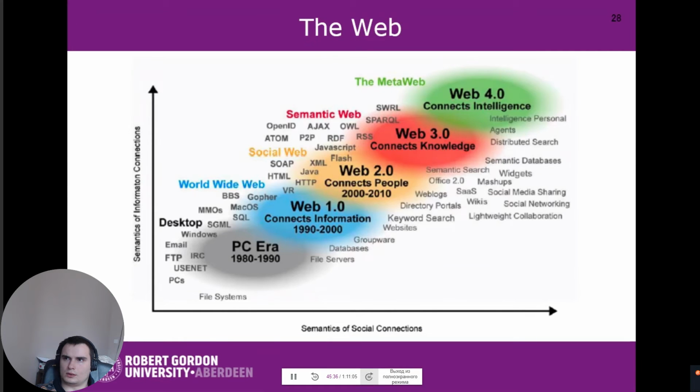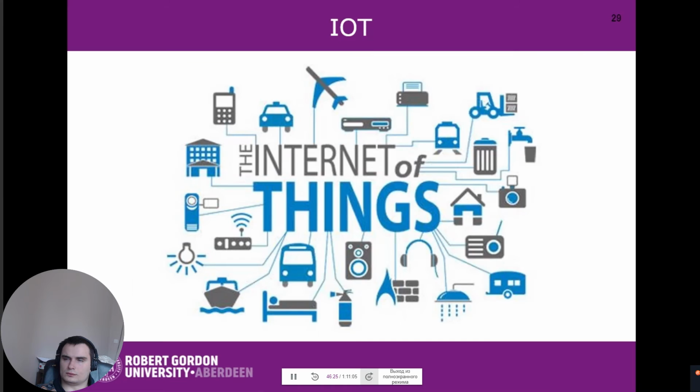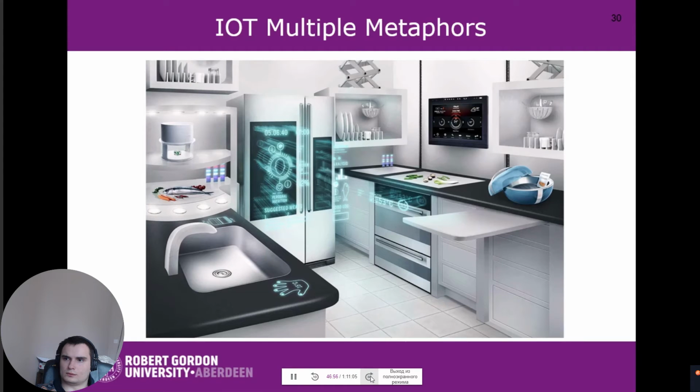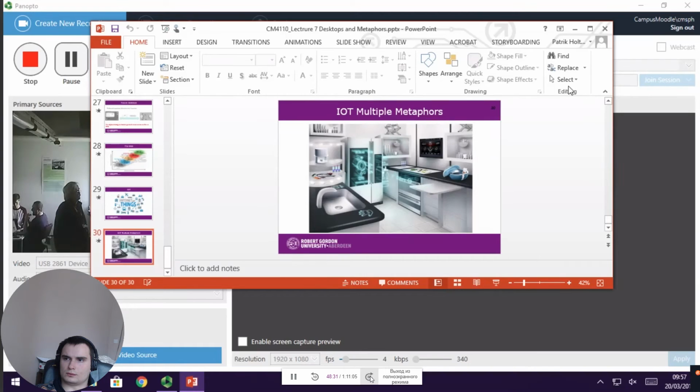This picture shows you the web and where things are going: the old PC era, Web 1, 2, 3, and how these structures are being developed in cognitive science, and how you work with multiple metaphors.